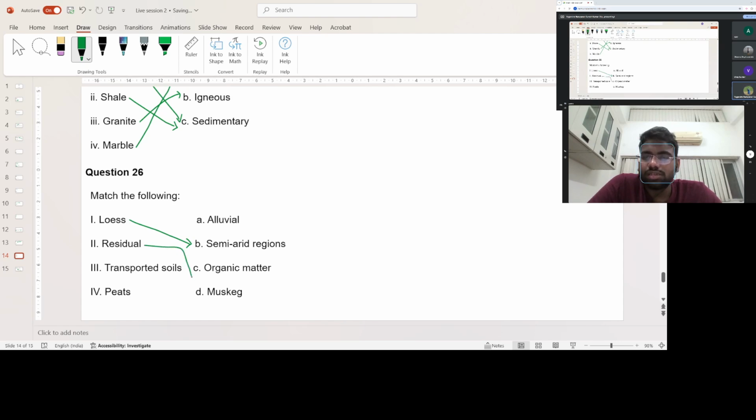Residual is muskeg. Transported soil is alluvial, and peats are essentially organic matter. Hope it is clear now, right? Yes, sir. So with this, the questions for this session are completed.